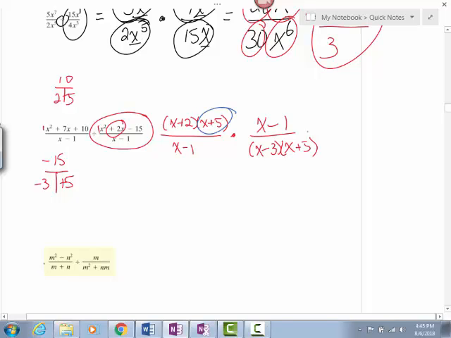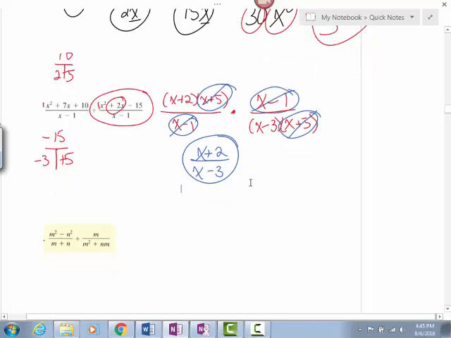You can see, okay, look, x plus 5, those cancel. X minus 1, those cancel. Notice when I'm canceling my factors, one's on the top, one's on the bottom. They don't have to be diagonal, but one has to be on the top part, one has to be on the bottom part. So what are we left with? An x plus 2 over an x minus 3. Okay.